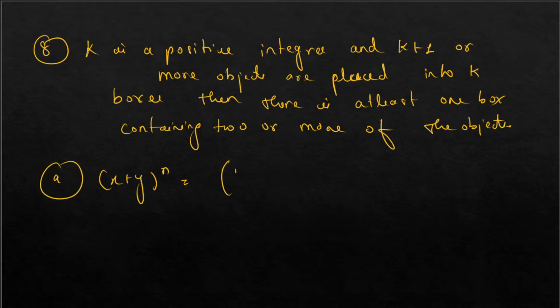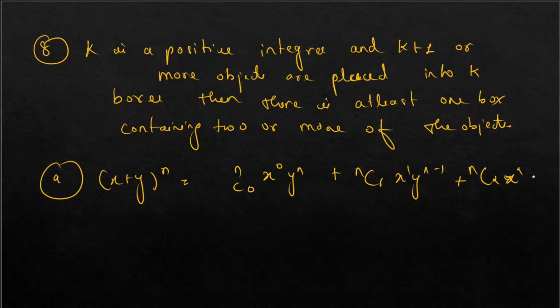This is treated as nC0 x^0 y^n plus nC1 x^1 y^(n minus 1) plus nC2 x^2 y^(n minus 2) plus so on, up to nCn. Like this.